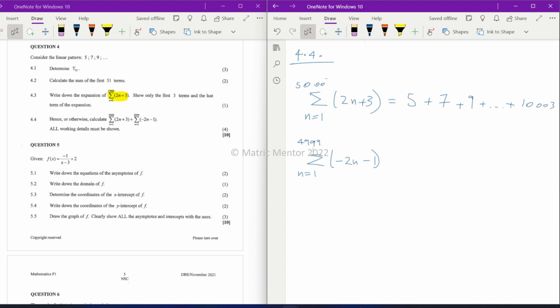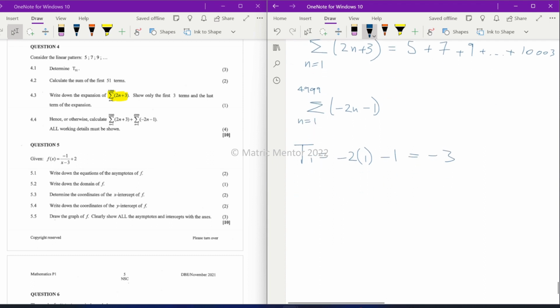It's giving us a hint or a tip. So for this function, let us say that t1 equals minus 2 times 1 minus 1, which equals minus 3. So minus 2 times 1 is minus 2, minus 1.